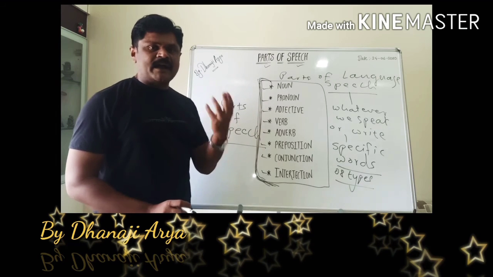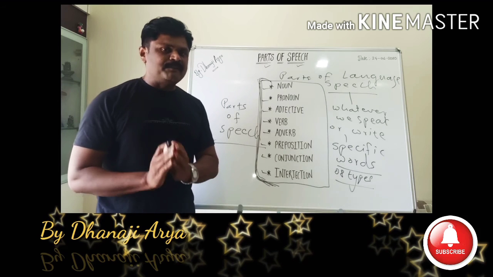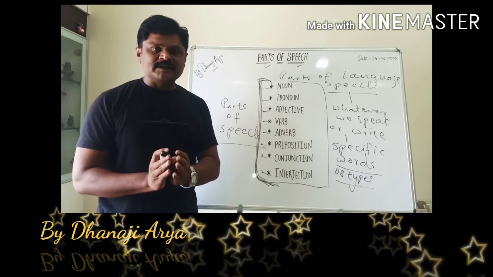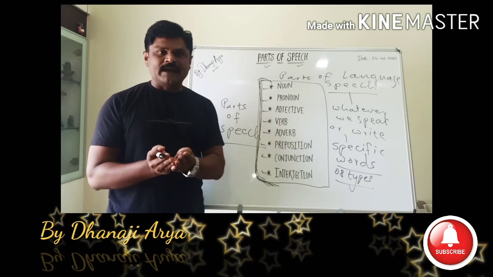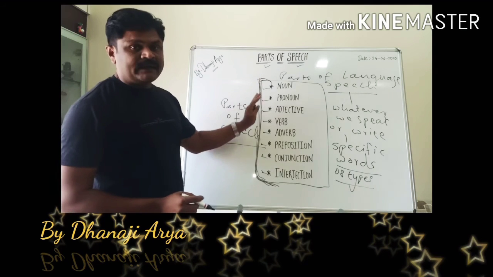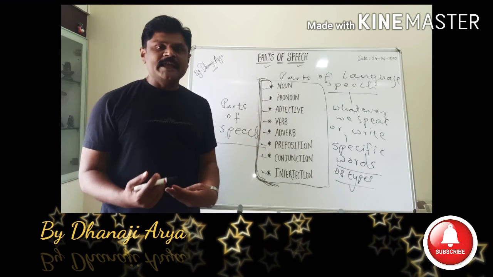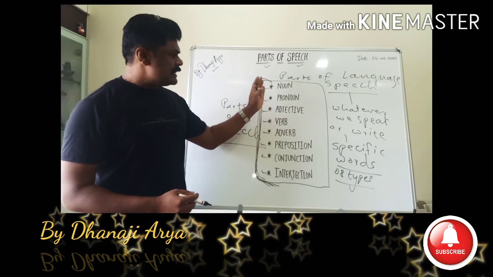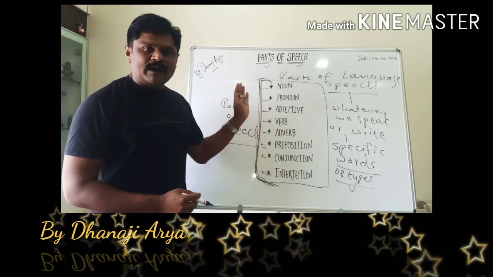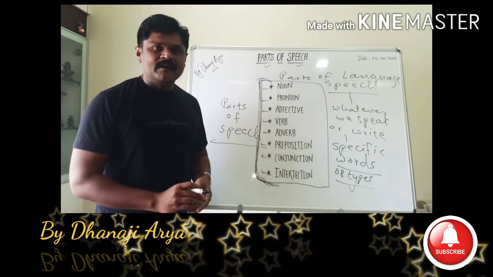Once we understand that role, I'm sure we can write, we can speak, and we can be fluent in that language. So what is the foundation of the language? The foundation of the language is these 8 types of words. The need is to understand the meaning of these 8 types of words and their role in the language.